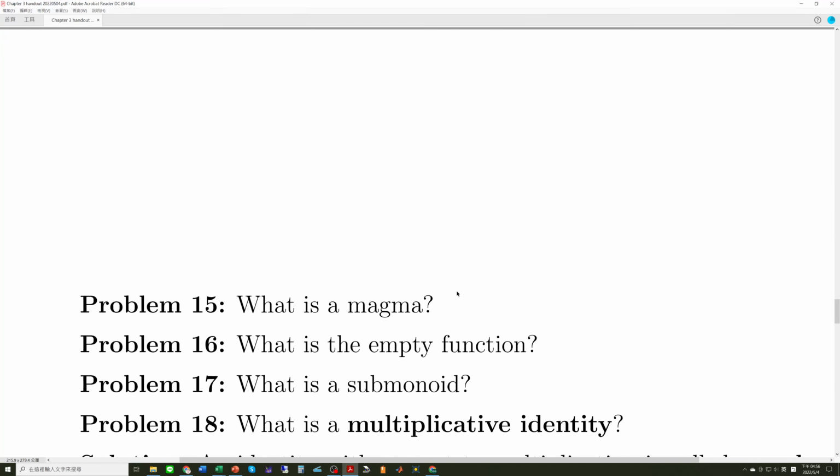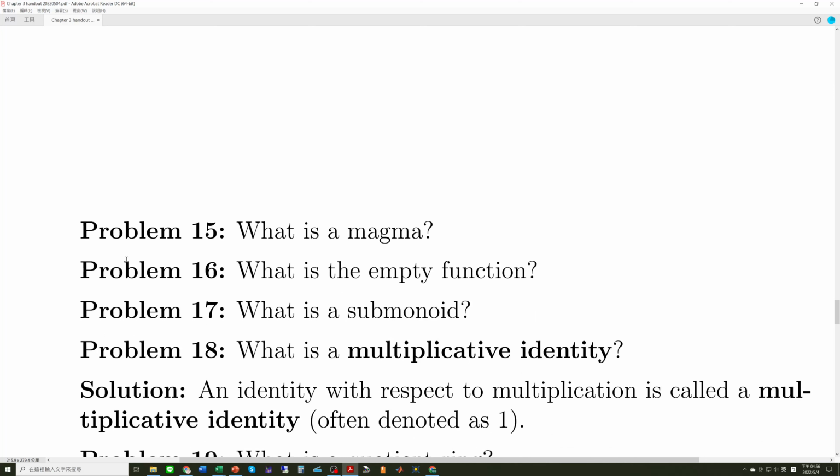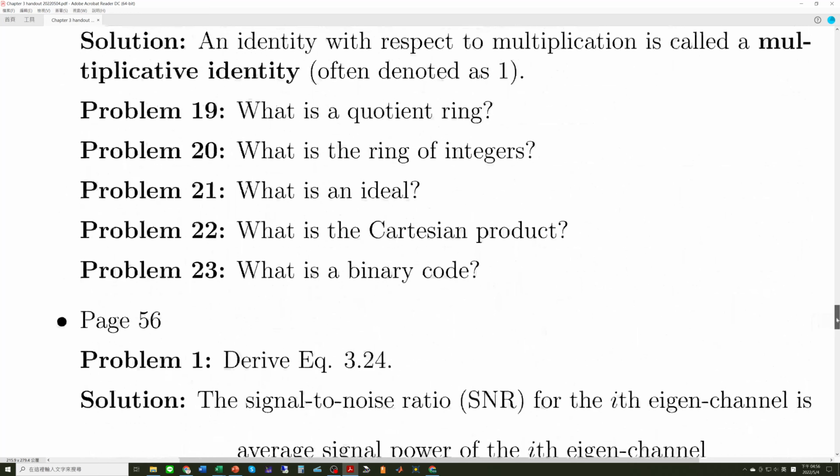Next, there are also many problems here on page 53, from problem 15, what is a magma, to problem 23, what is a binary code.